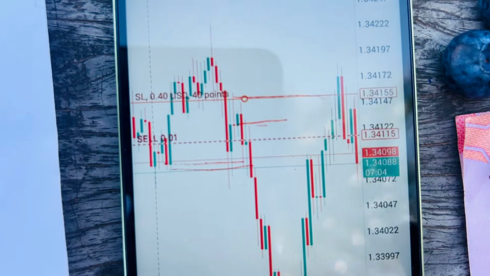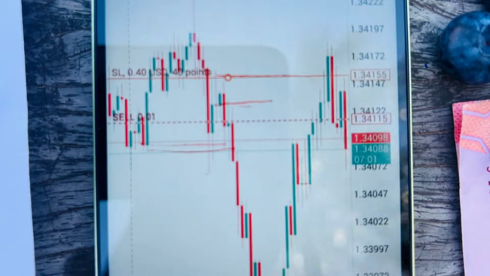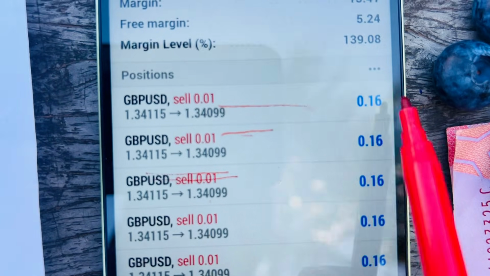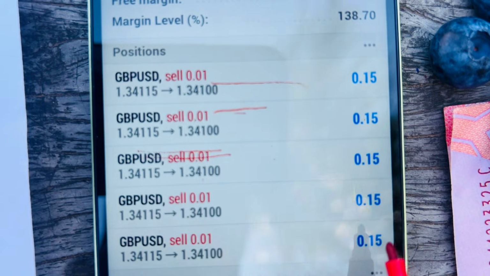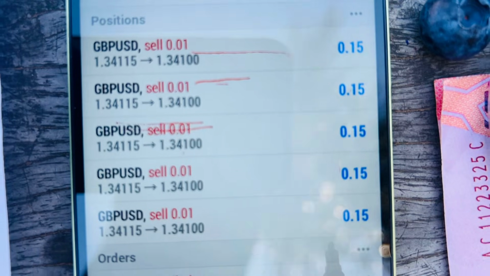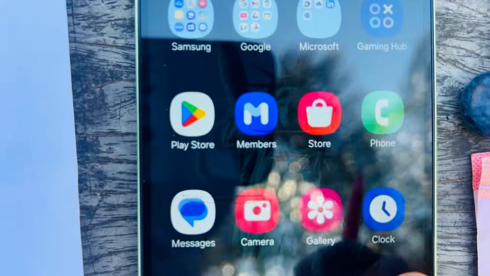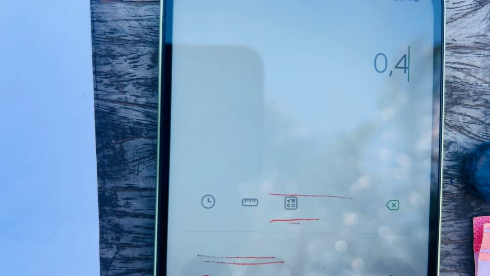Do you understand? Now we can take the 0.40 and multiply it by the number of positions. We have so many positions here: 1, 2, 3, 4, 5. Let's use our calculator together: 0.40 times 5, which means we're risking $2.